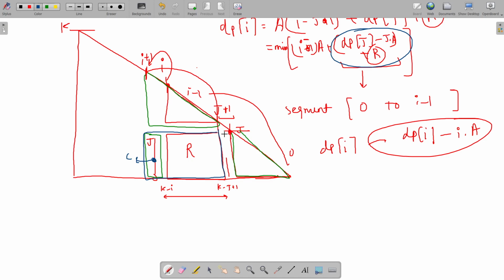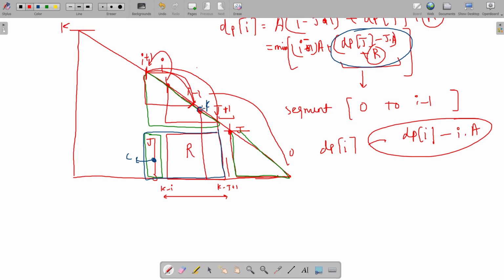So this element will affect this region, but suppose we are talking about a triangle from some I plus 1 to k, so I plus 1 to some k plus 1, and then we would have some other k.